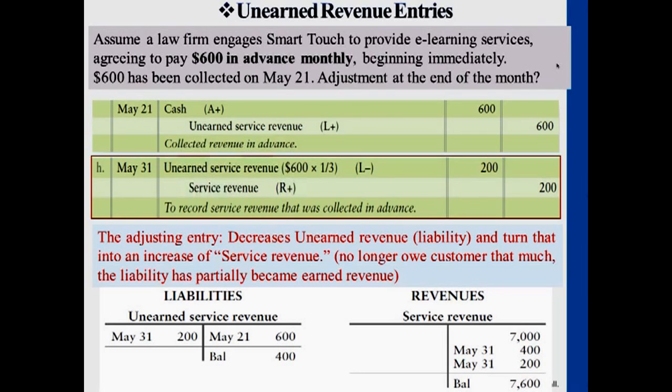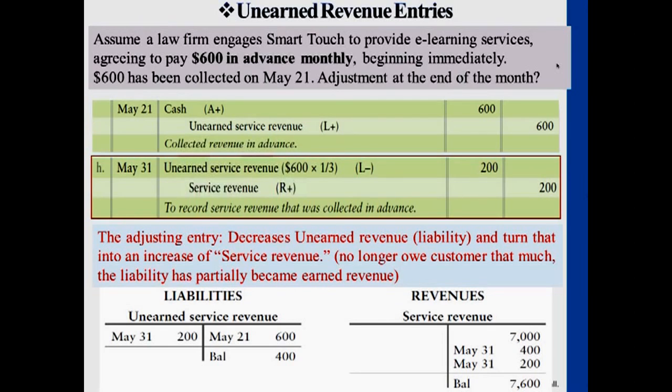So it's not entirely 600 because that's when it reaches June 21st. Then we fulfill the whole $600. Now it's only 200. So we reduce the unearned service revenue liability account by debiting this account and then turning the revenue into actual service revenue, just on the credit side.